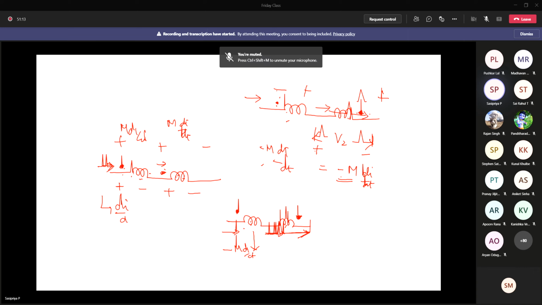At this dot side we have the entering current, so this voltage will be positive. When you have an entering current, the mutual voltage will be positive.